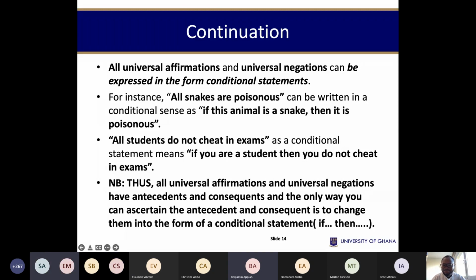I hope I mentioned your name. Mary, can you give me an example of a universal negation? Not all men are mature. Not all men are what? Mature. I can hardly hear what you're saying. Not all men are mature.